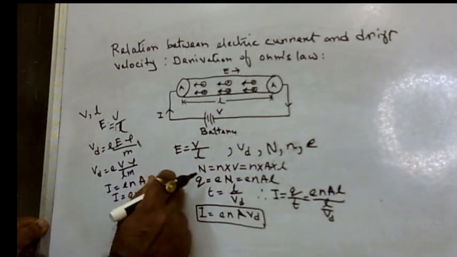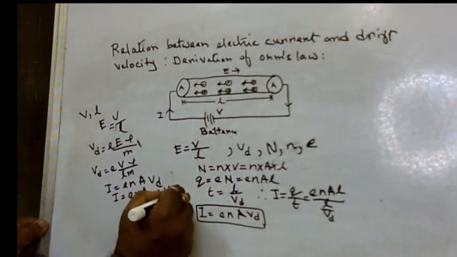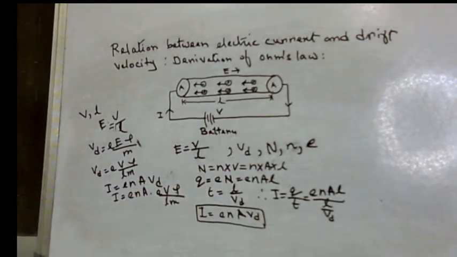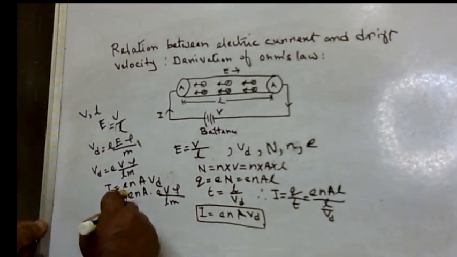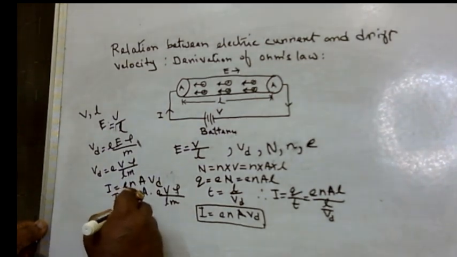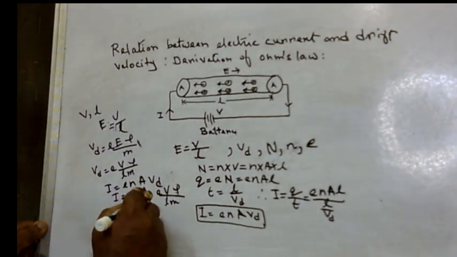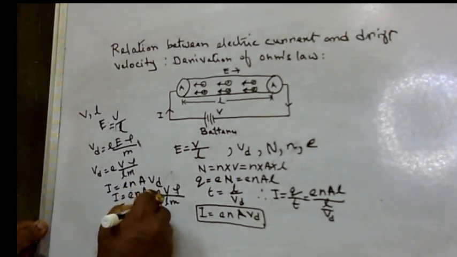This tau, don't mistake it with L. So it becomes n e square A V tau by L m.